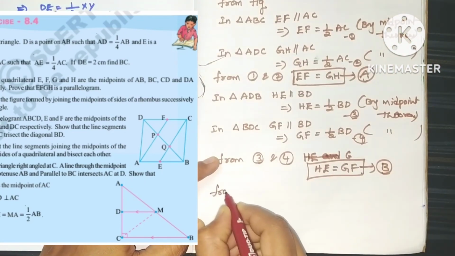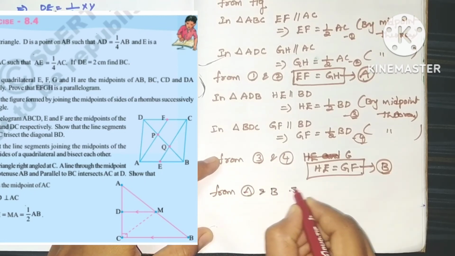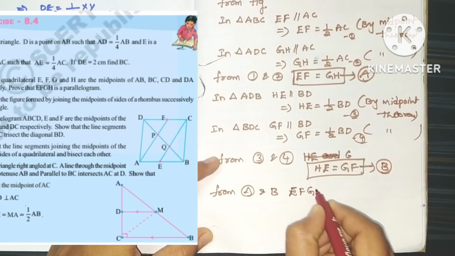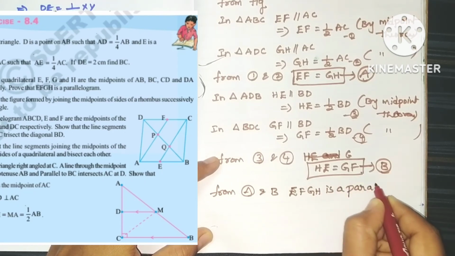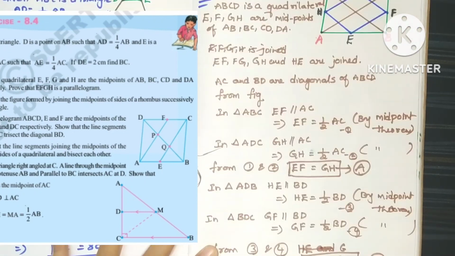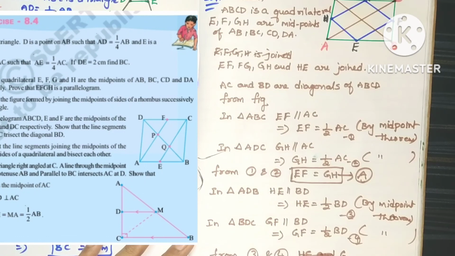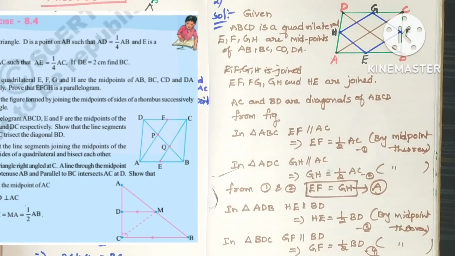Very simple. So from A and B, EFGH is a parallelogram. Here one important point you have to remember: for any quadrilateral, by joining the midpoints, what type of quadrilateral do we form? A parallelogram.